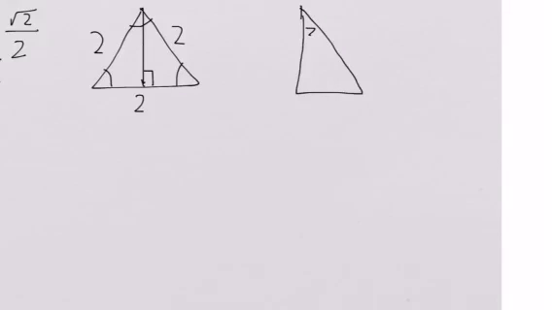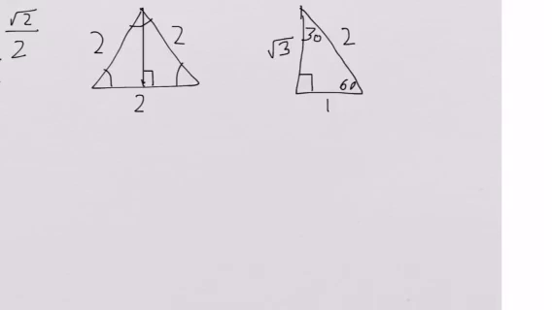So we have a 30-degree angle at the top, 60-degree angle on the right, and then the right angle. We know that this is length 2, this is length 1. We can apply the Pythagorean Theorem and obtain that the triangle has a height of the square root of 3.